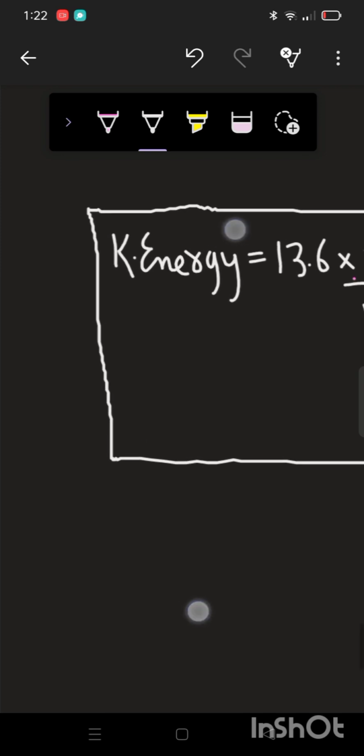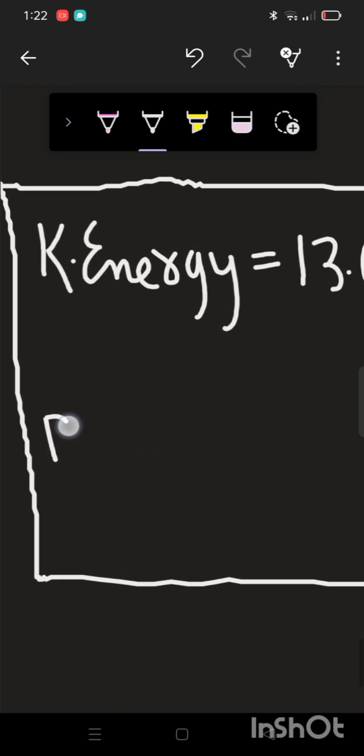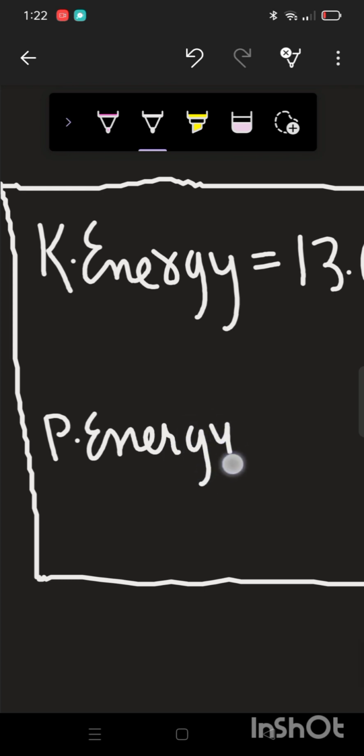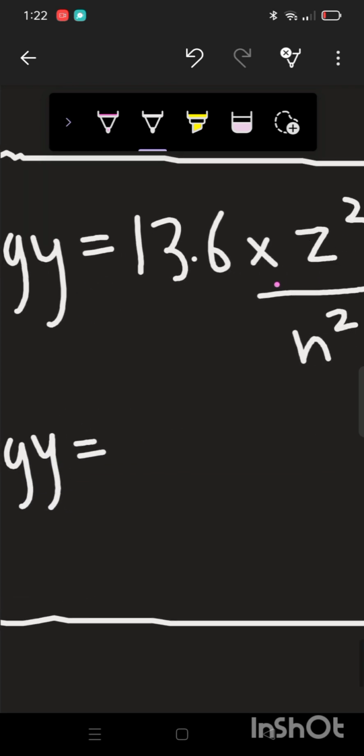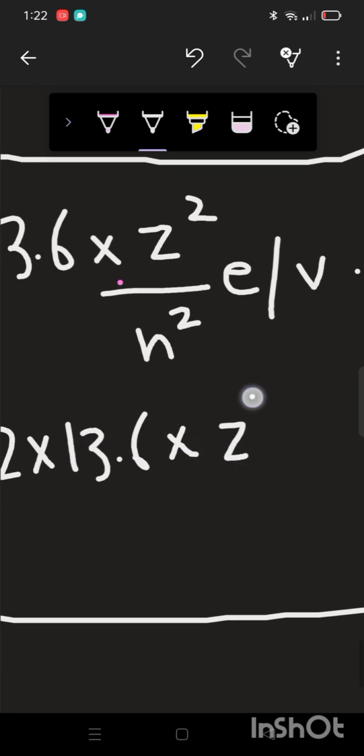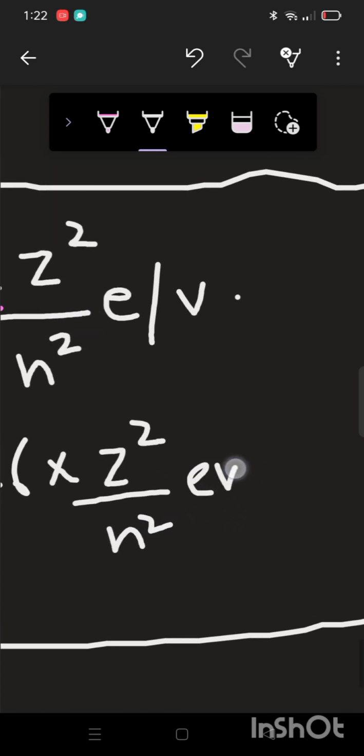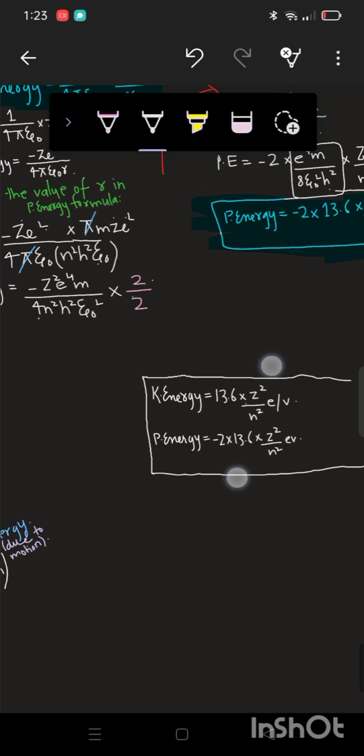Now let me write the potential energy here. The formula which we derived for the potential energy was minus 2 into 13.6 into Z square upon N square electron volt. And why was this a negative sign?